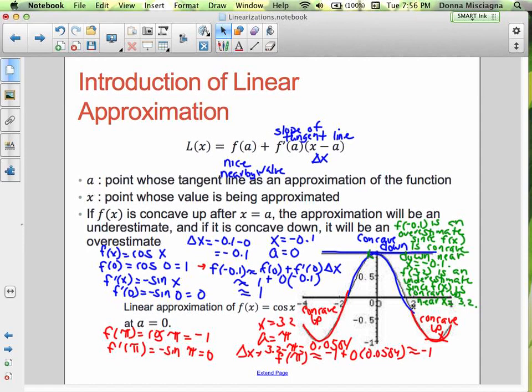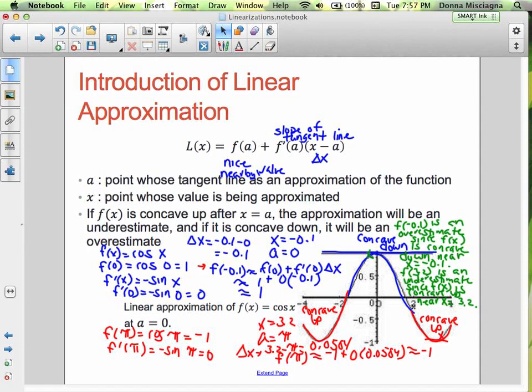So we're really not as small as -1. We're a little bit more. So we've underestimated, because -1 would be smaller than where we really are. We're probably at maybe -0.8, something like that. So we can determine whether our estimate is an overestimate or an underestimate simply by knowing whether the function is concave up or concave down for values near where we're estimating.